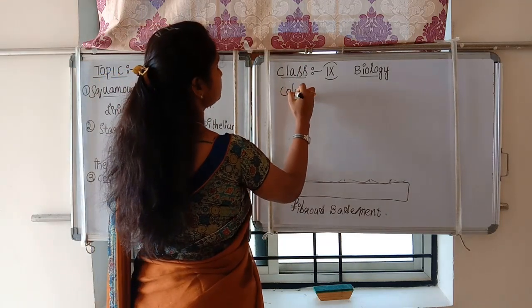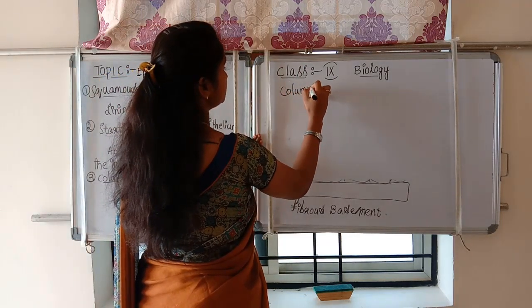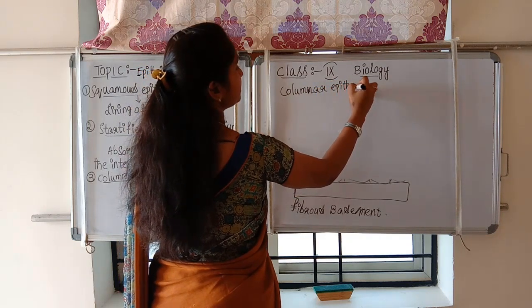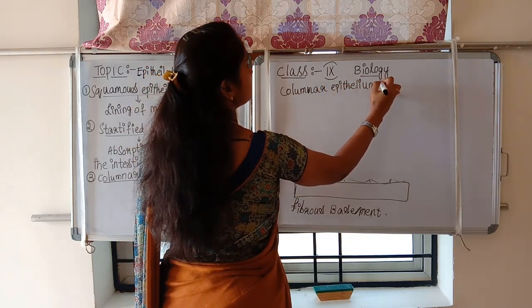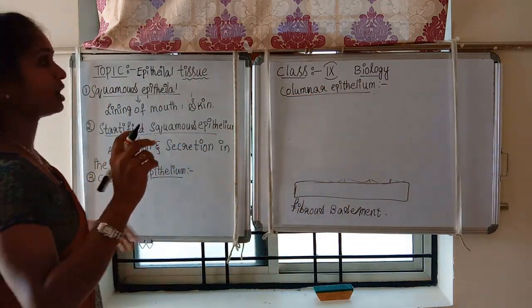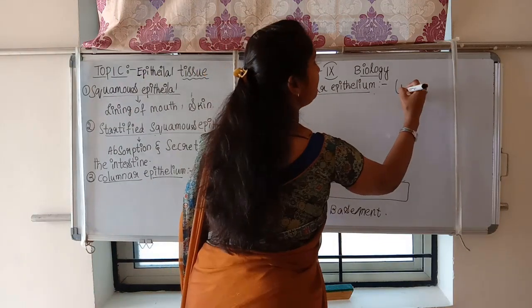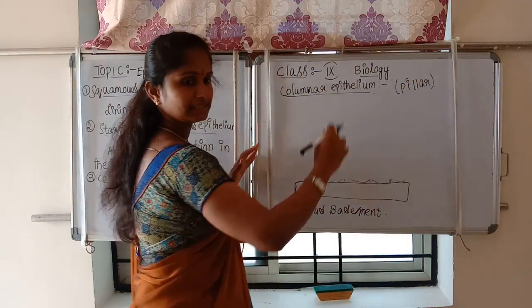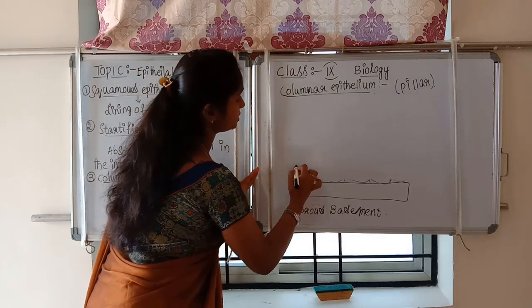Now, columnar epithelium. How will it look? It will look like a pillar. Pillars will be straight, no? Like that. Now the basement membrane is present.